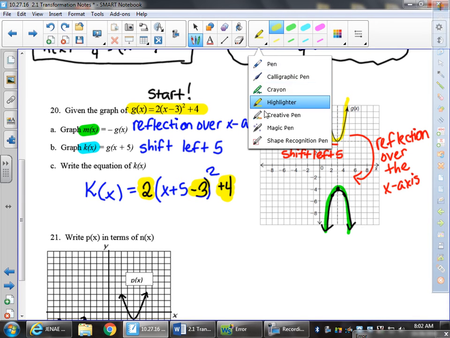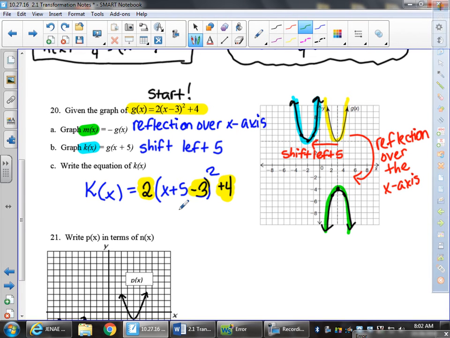Here is our addition of that shift left 5. Yes. Our last step will be to combine like terms. So our answer will be k of x equals 2. What are we going to have inside parentheses? x plus 2. Finish it. Squared, yep. Plus 4.